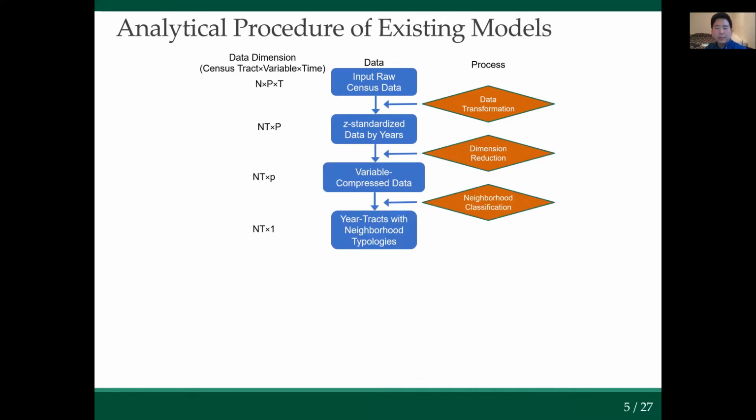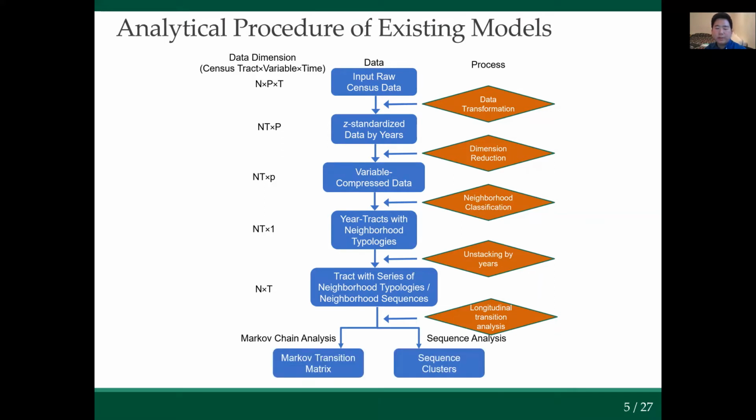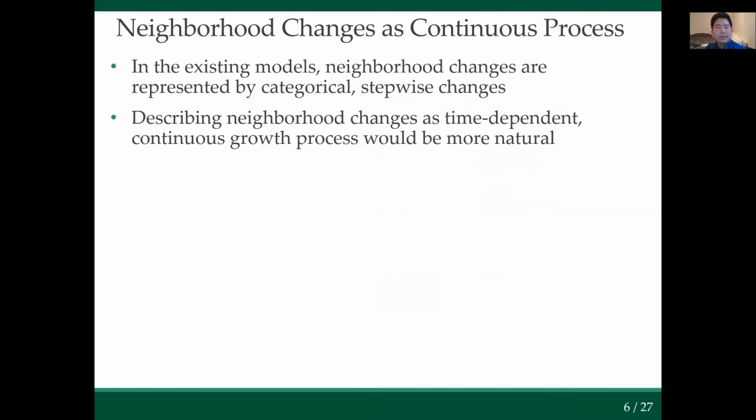Then neighborhoods are classified, the classifications are stacked together, and each tract gains a sequence of neighborhood classifications. This sequence is analyzed by Markov chain or sequence analysis. As you see, neighborhood changes are described as a sequence, which is categorical, discrete, and stepwise.